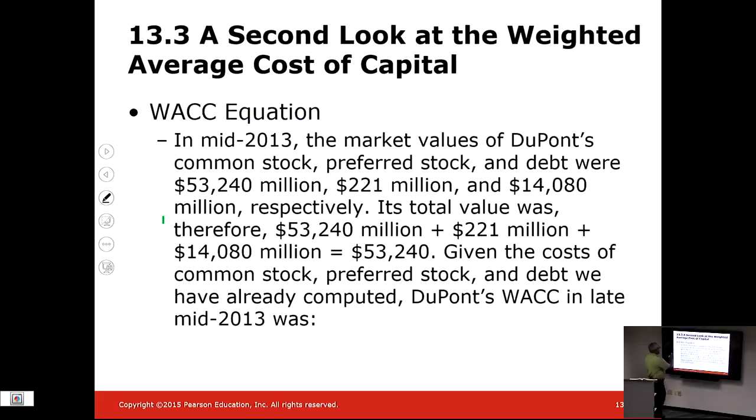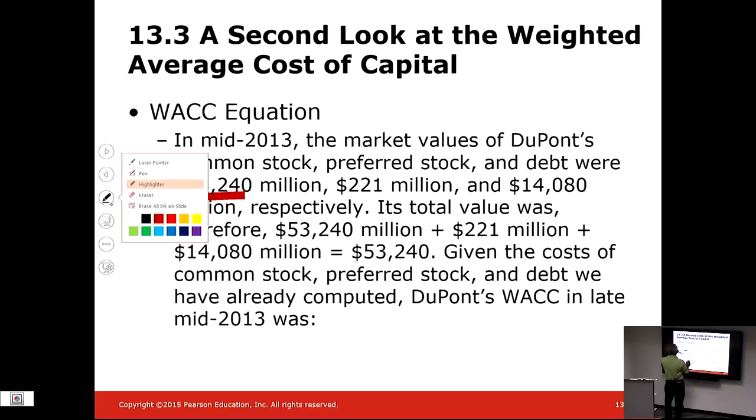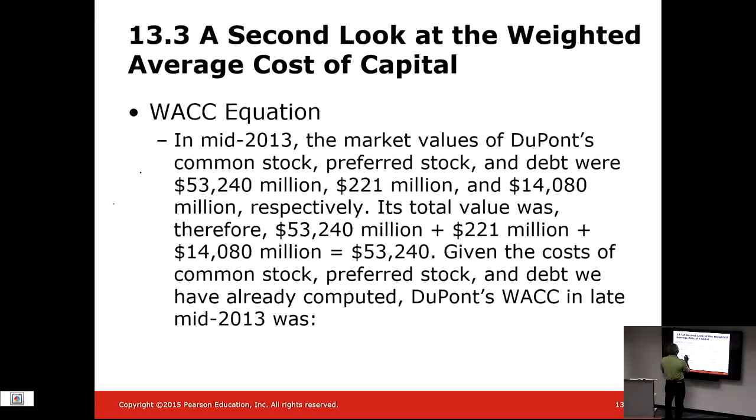So let's take a look at a quick problem over here. The market values of DuPont's common stock, preferred stock, and debt were given.